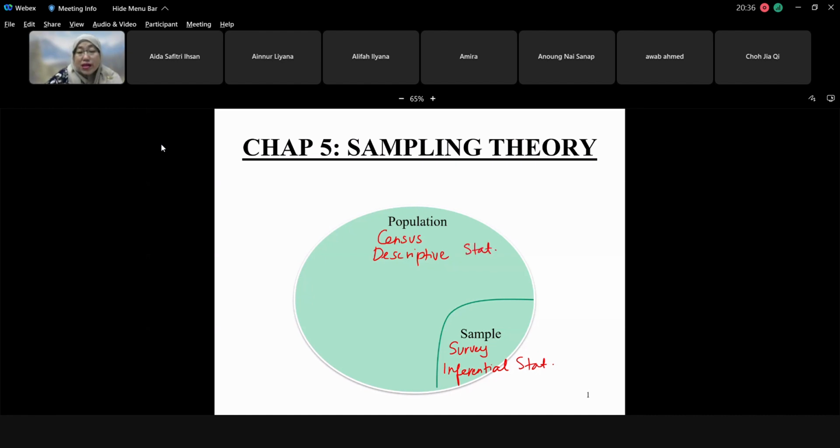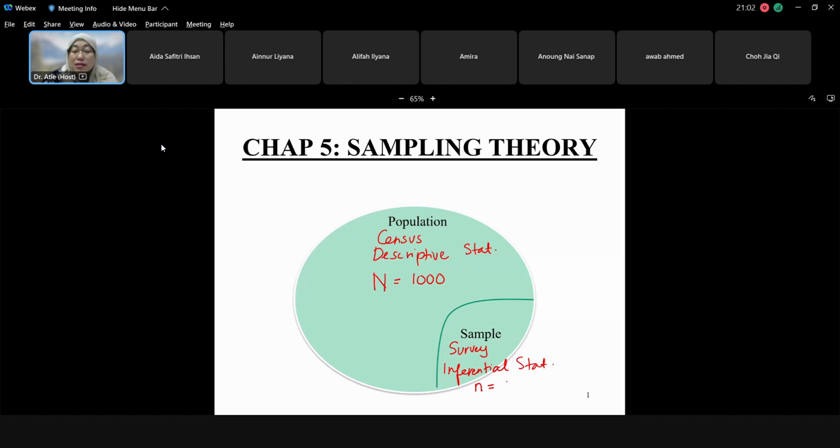And usually, the number of population we represent by using the symbol big N. So N is actually the number of the population. Whereas for the sample, because it is a part of the population, we use small n to represent the number of sample. So for example, N we have 1,000, right?